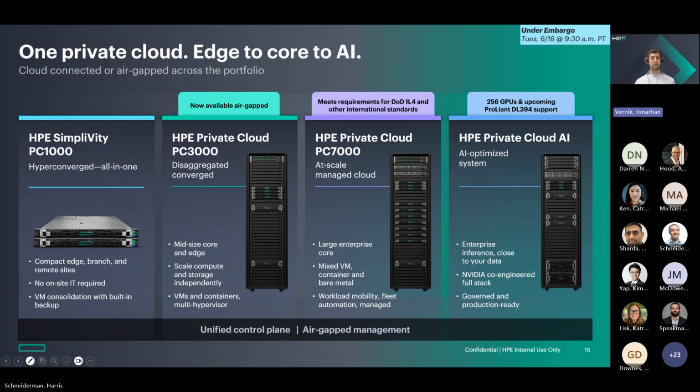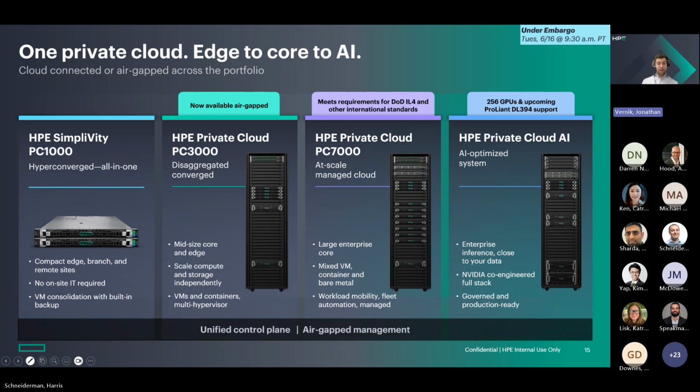Then if we move across, we've got the PC3000, which was formerly known as our PCBE or dHCI, disaggregated hyperconverged infrastructure, which allows for scaling of compute and storage independently of one another, and this is usually run within core data centers.